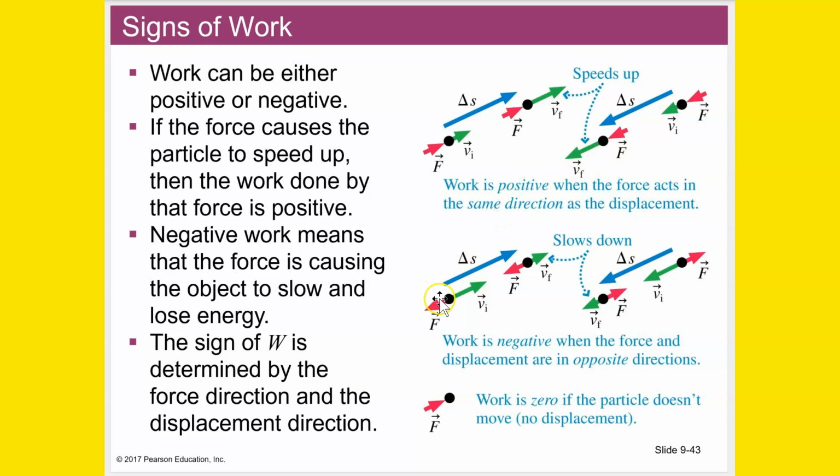It's only when the force points in a different direction from the displacement that we have negative work. If the force points to the left and the displacement to the right, then that force is doing negative work on that object. It's slowing it down. Or vice versa, if the force points to the right and the displacement points to the left.